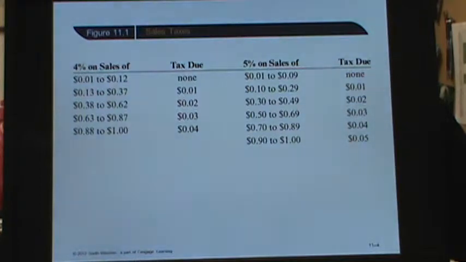But if it gets to be 13 to 37 cents, then you're going to have to pay 1 cent, and 38 to 62 cents, 2 cents, and you just keep going from there. And on a 5% sales tax, 1 cent to 9 cents, there's no tax due, and so on. If you go through that chart, it just shows how tax works on items up to $1.